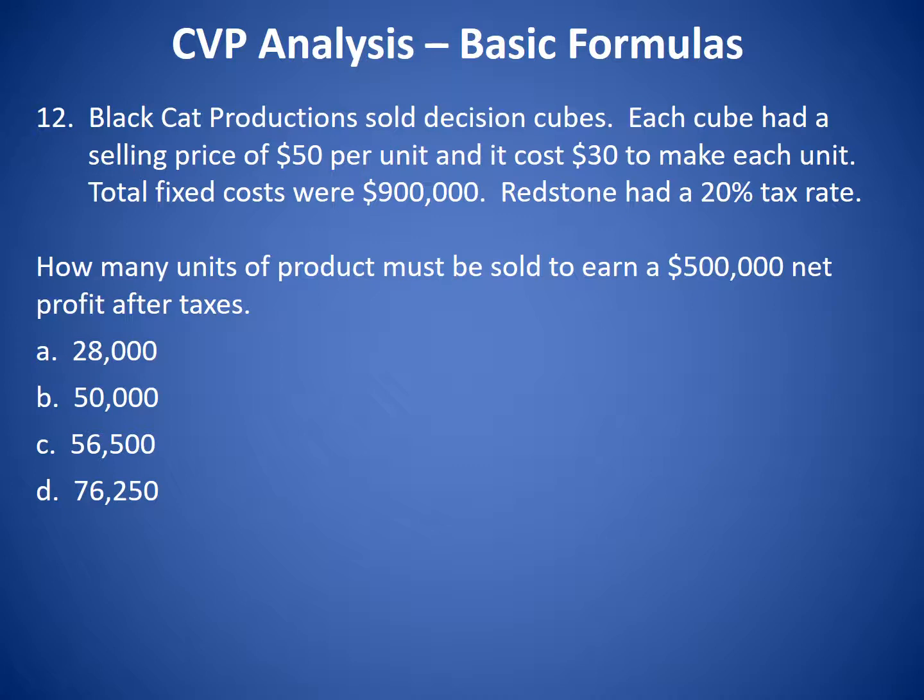I said Redstone had a 20% tax rate, that should be Black Cat. So how many units of product must be sold to earn a profit of $500,000 after taxes? So again, stop the video, do your calculation, then restart the video.